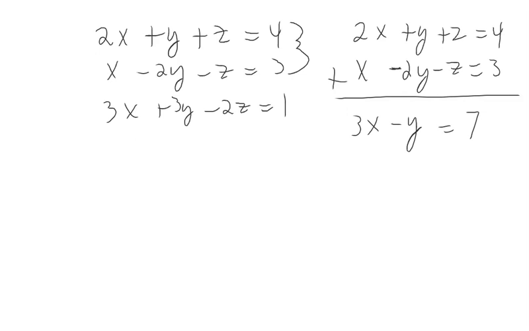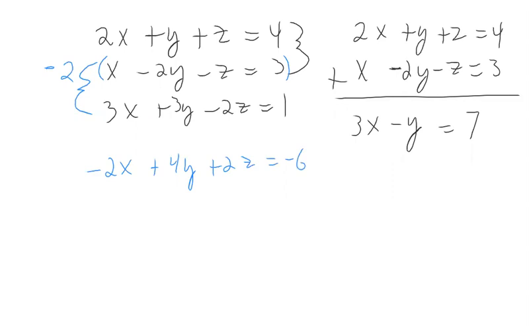And now I am going to take the next two equations and do the same thing, but I'm going to have to manipulate it. I'm going to multiply the second equation by negative 2, which gives me negative 2x plus 4y plus 2z equals negative 6.